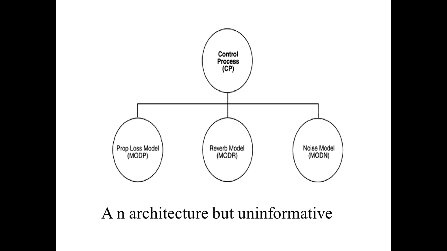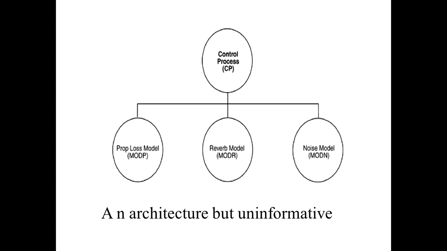You can see here an uninformative architecture. Why is this system called an uninformative architecture? For example, this architecture is represented with a flight aviation system.